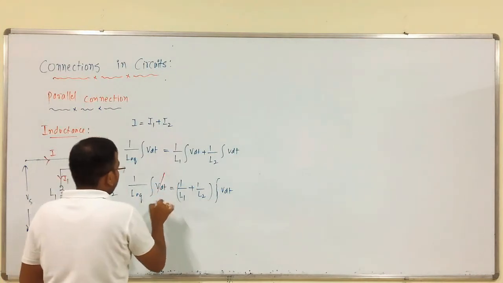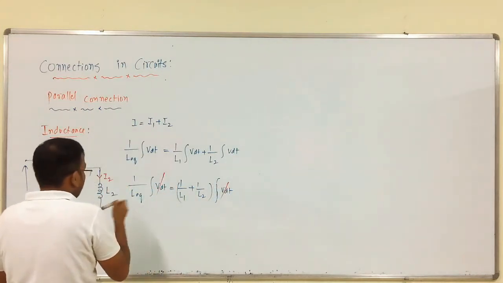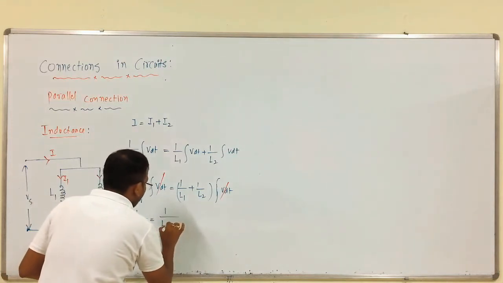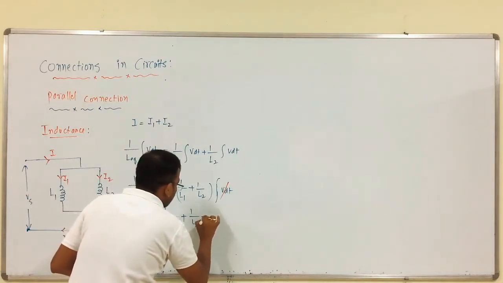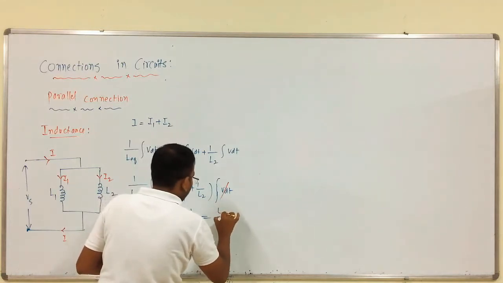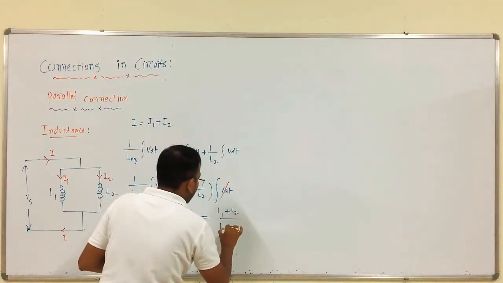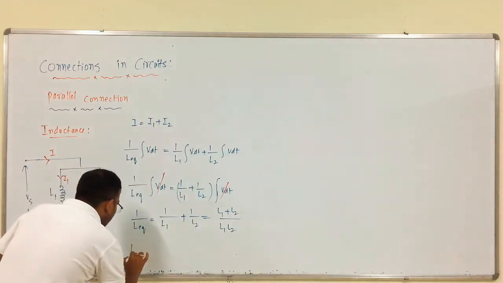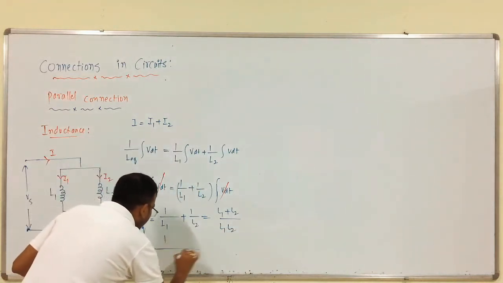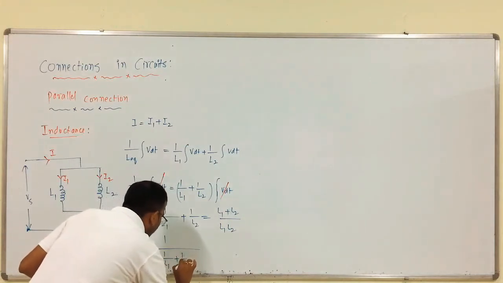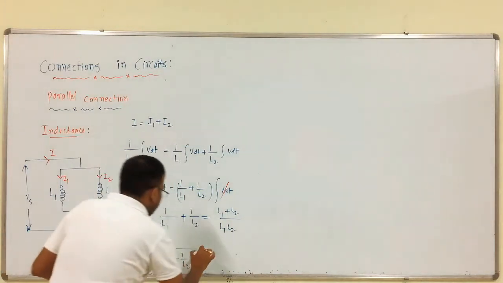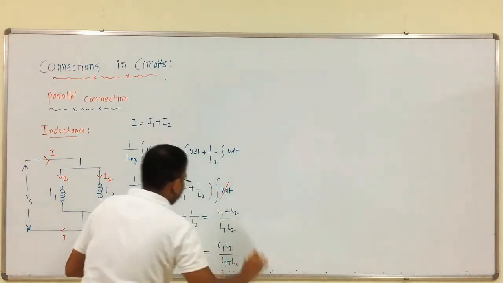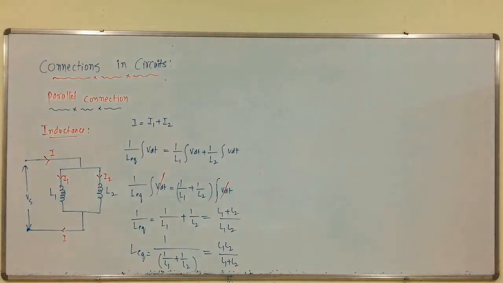V dt gets cancelled. Therefore, 1 by L equivalent is equal to 1 by L1 plus 1 by L2, which is equal to L1 plus L2 by L1 L2. From this, L equivalent is L1 L2 by L1 plus L2.